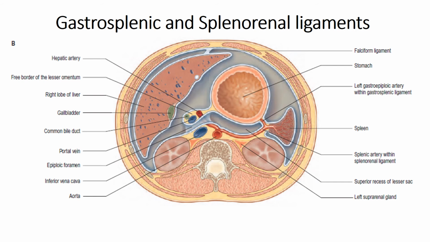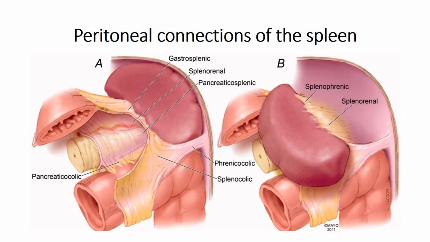Now from this lower surface of the gastrosplenic ligament, a fan-shaped ligament is reflected, which is known as phrenicocolic ligament.